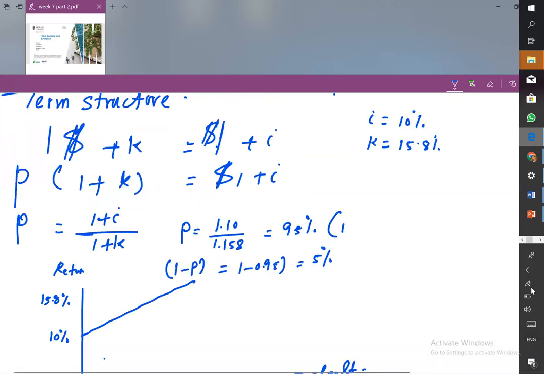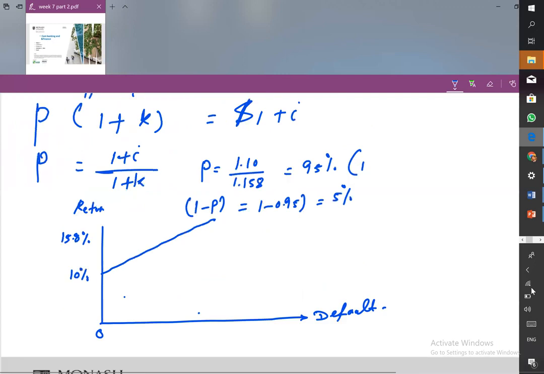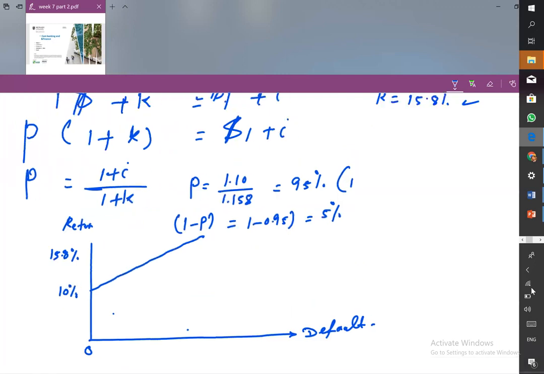Because I know the 15.8% and the 10%, this will give me a 5% probability of defaulting.